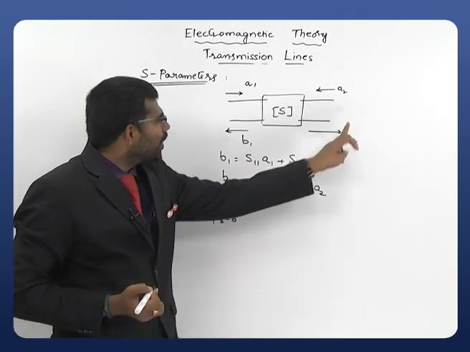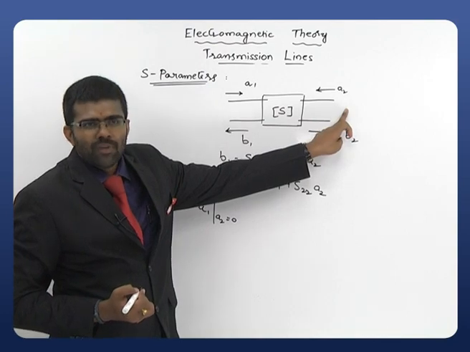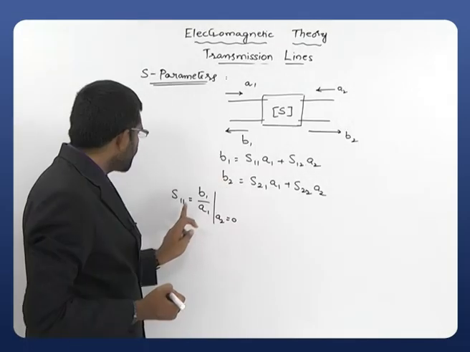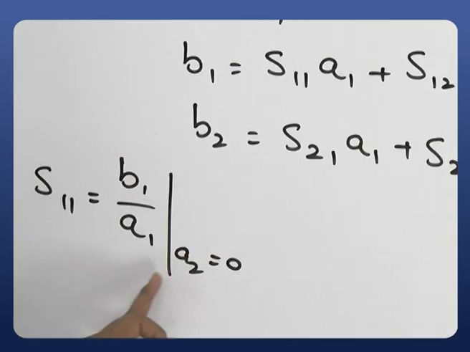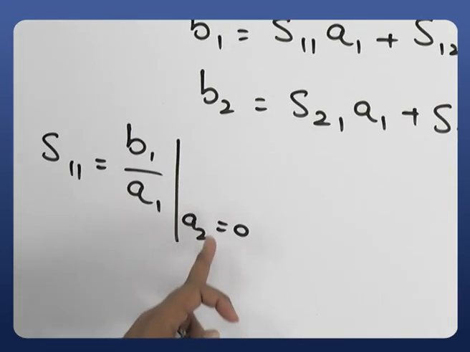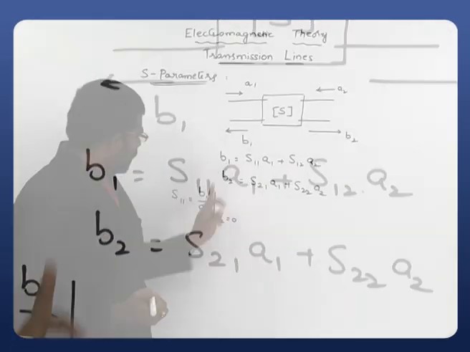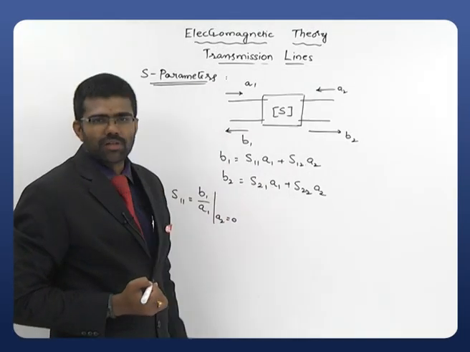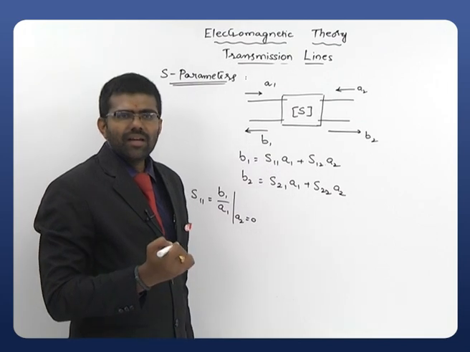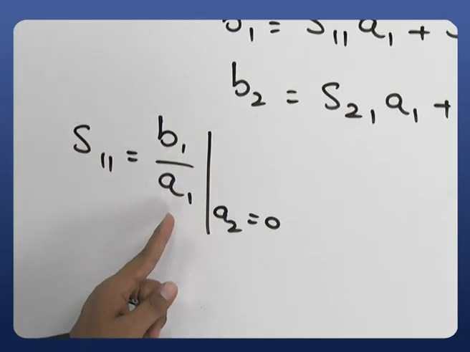That means we are not applying any input at the second port, and we are observing this particular coefficient S11, which is equal to B1 by A1 at A2 equal to 0. What is the meaning of this? B1 is reflected from port 1, A1 is incident at port 1. Clearly it is the reflected power to the incident power.